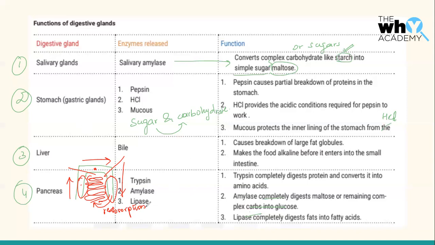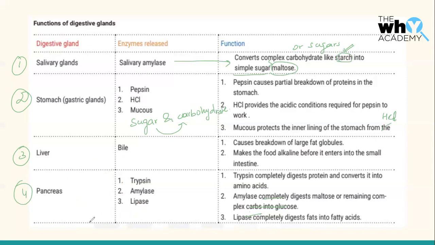Could you please name the three parts? Actually, it's not required for you right now. I was just trying to tell you. Okay, I'll still write it.